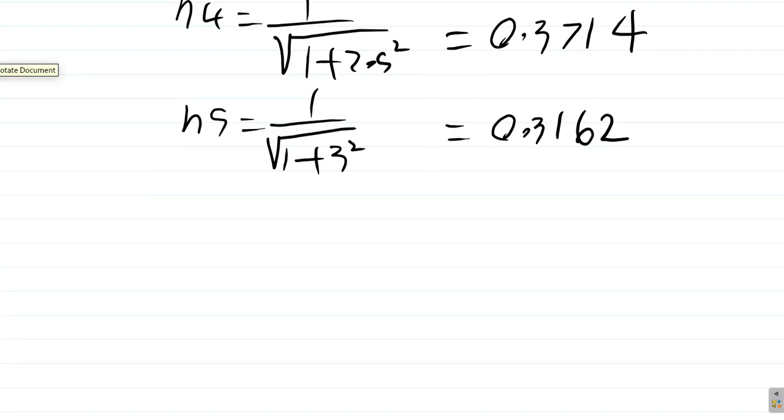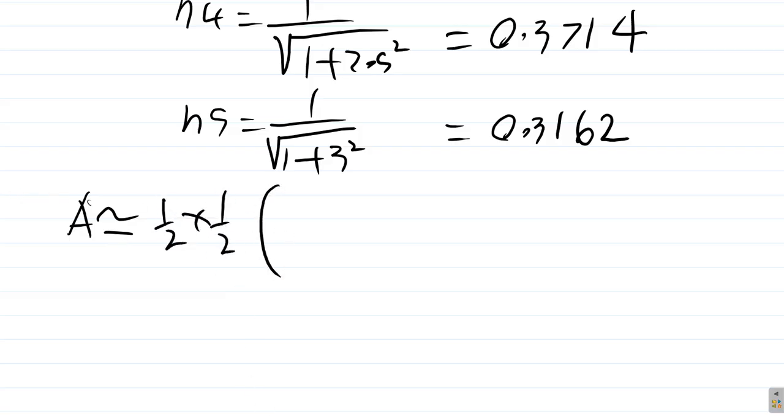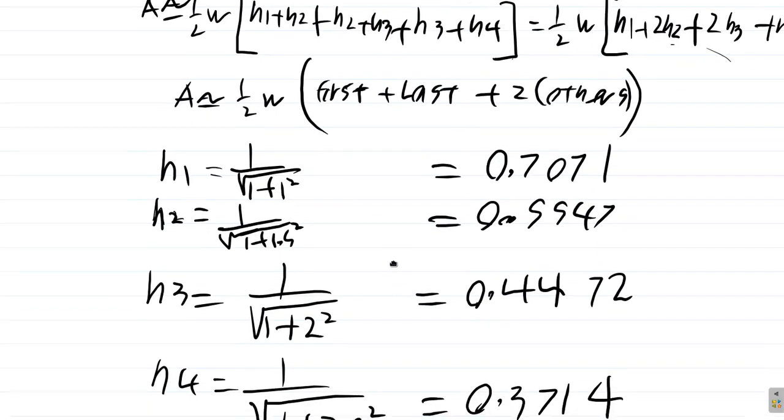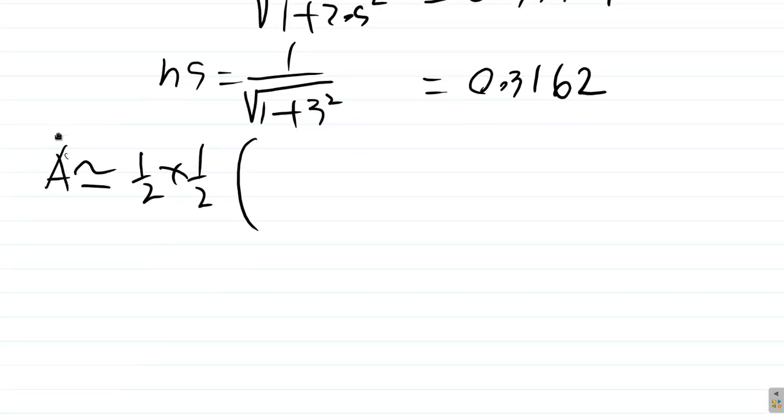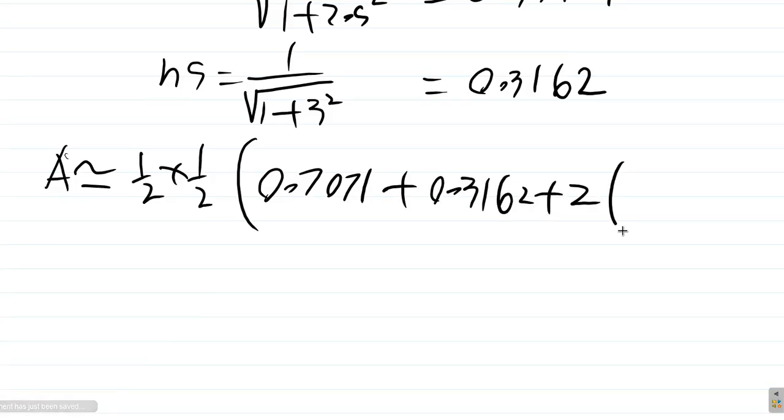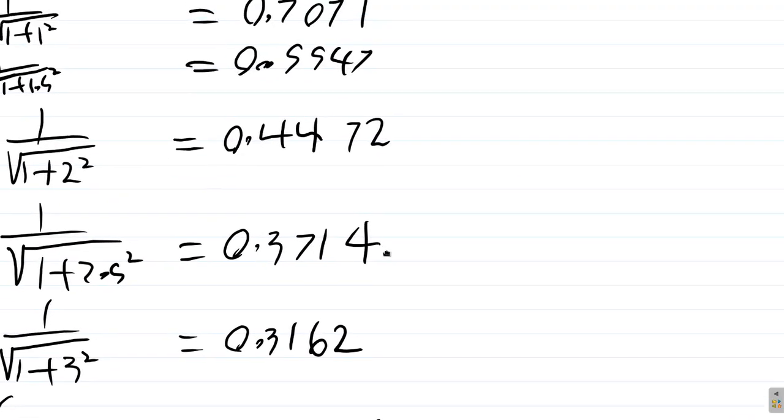So the area is approximately equal to half times the width, which is half, times the first, which is 0.7071, plus the last, 0.3162, plus twice the others.